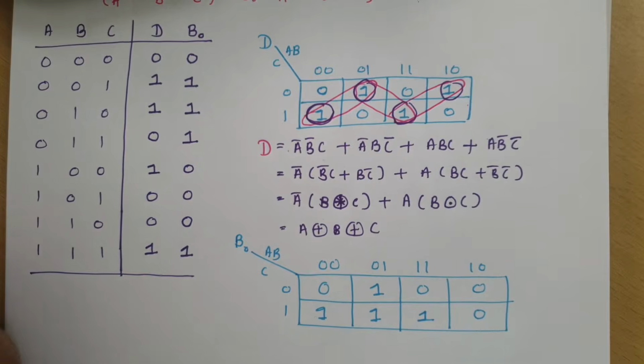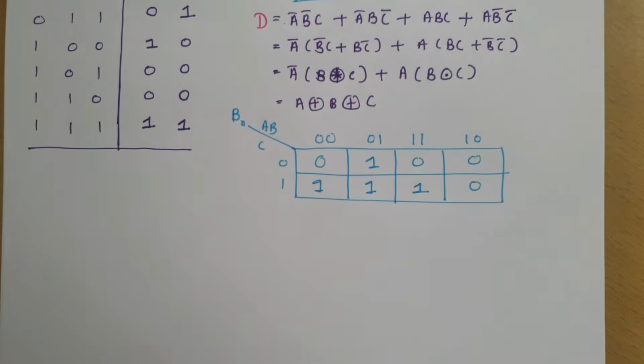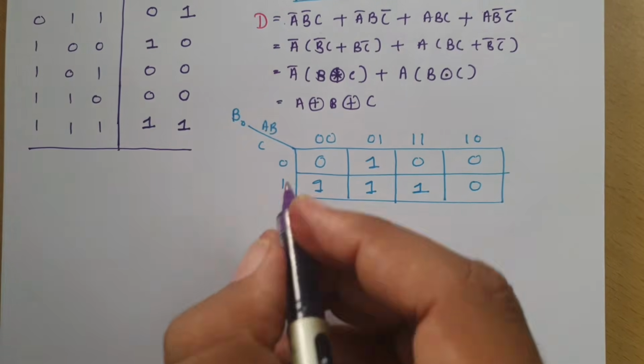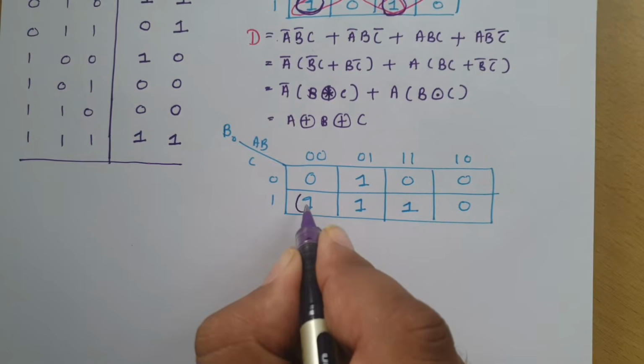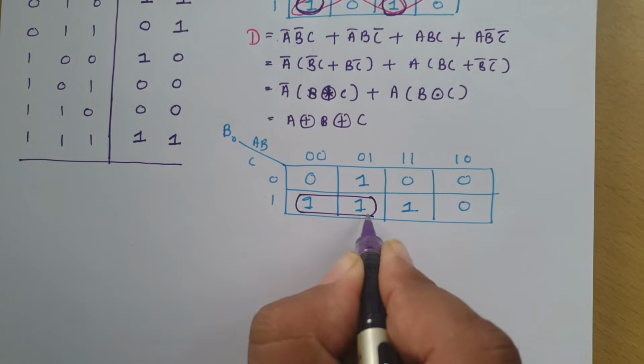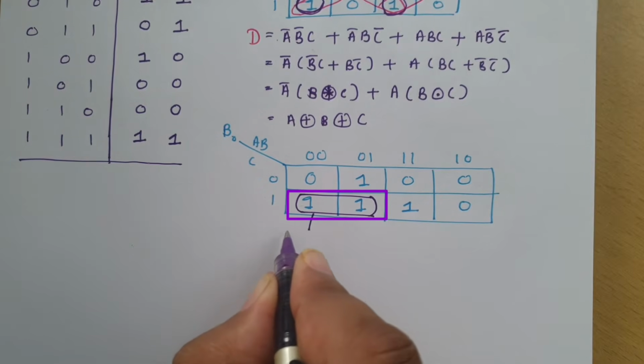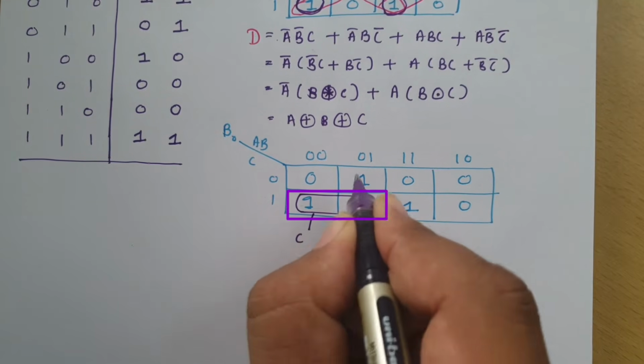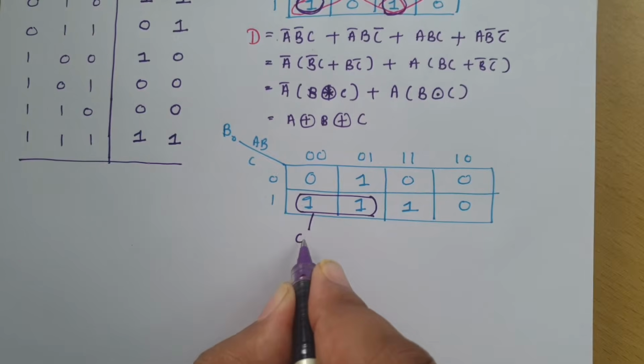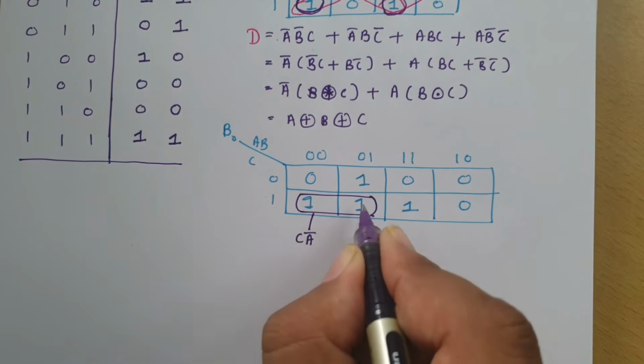Now let us simplify this by grouping. You can see this is one group. In this group C is common, and if you observe, A bar is there, so C A bar.